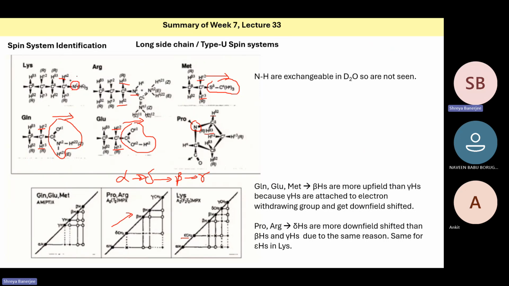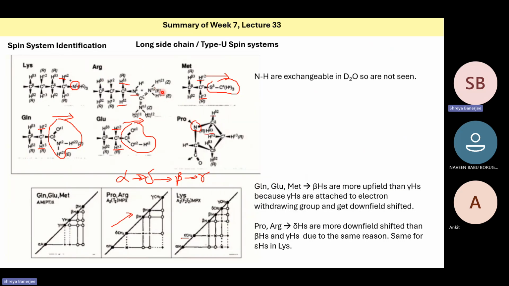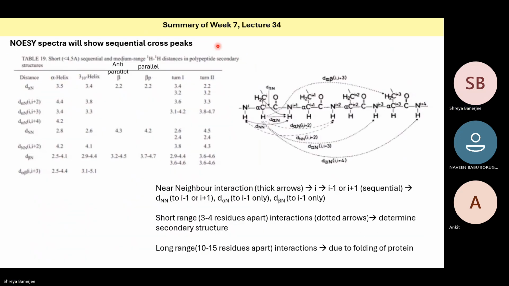So depending on where the electron withdrawing nitrogen is attached, the hydrogen attached to that carbon will get downfield shifted, and accordingly the patterns will change. These six amino acids, which have long side chains but also a polar residue attached to the side chain, are called long side chain or type U spin systems.